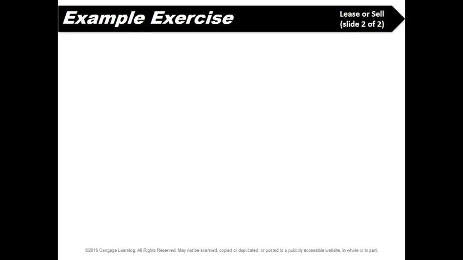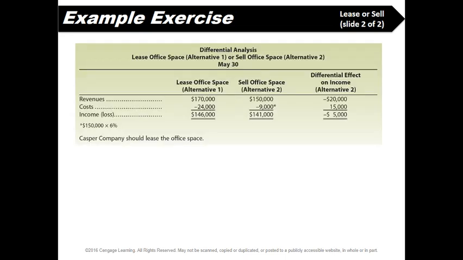Keeping in mind that the book value is a sunk cost, we put in the $170,000 worth of rental revenue. We have the $24,000 worth of maintenance and upkeep if we keep the property and we just lease it, giving us $146,000 of income.